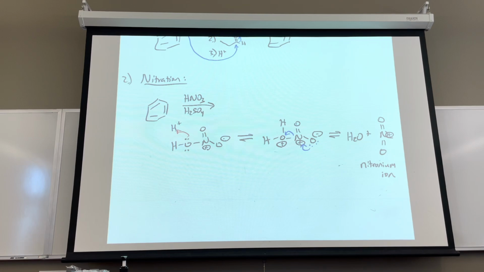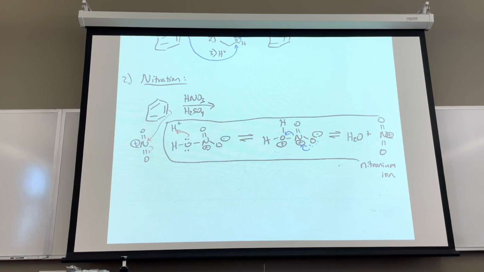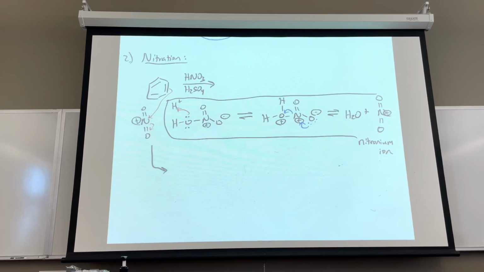Right? So in any case, once we have generated the nitronium, maybe down here, the pi electrons go out of the benzene to attack. And that's going to generate that high energy sigma complex.